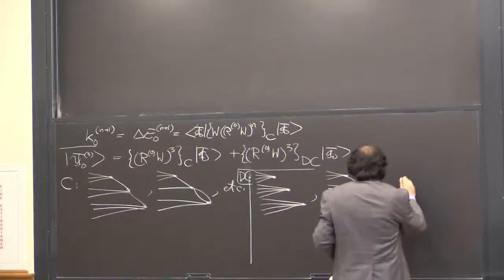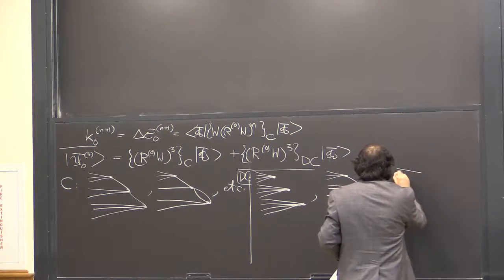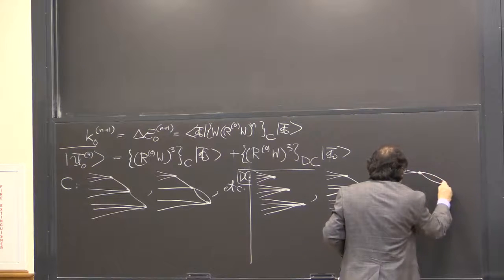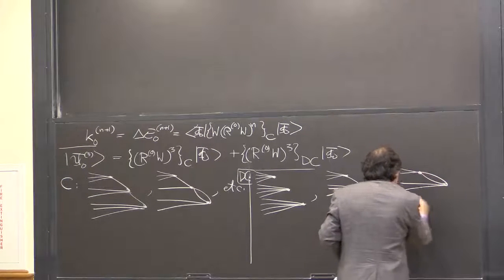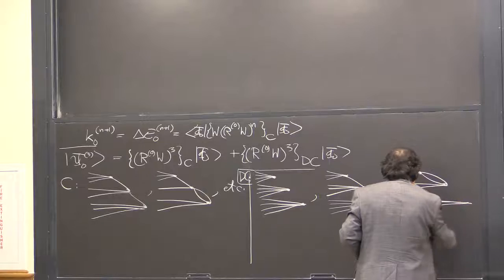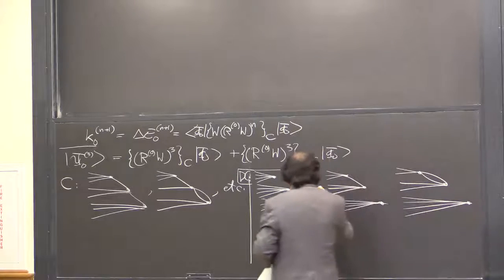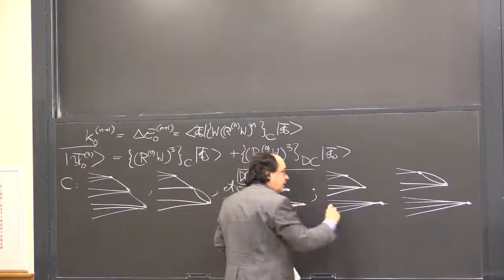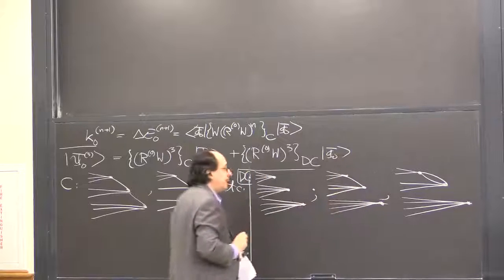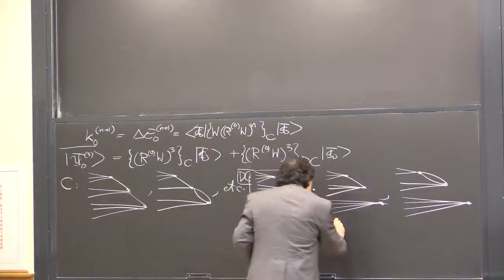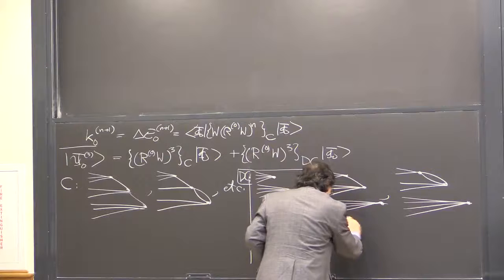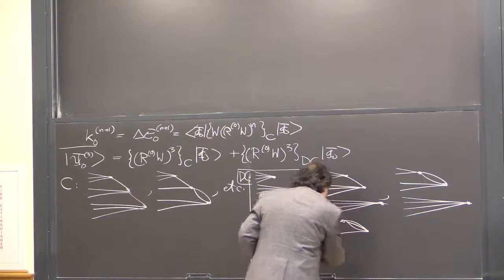Okay. Then we could have a situation where we connect two of the three vertices with two lines, keeping the third vertex separate. Okay. So maybe I'll put a semicolon here to separate. But here I'll start putting commas. Okay. Then we could have a situation where we connect two of the three vertices with three lines.